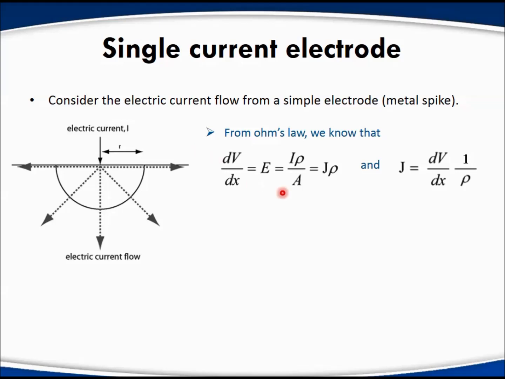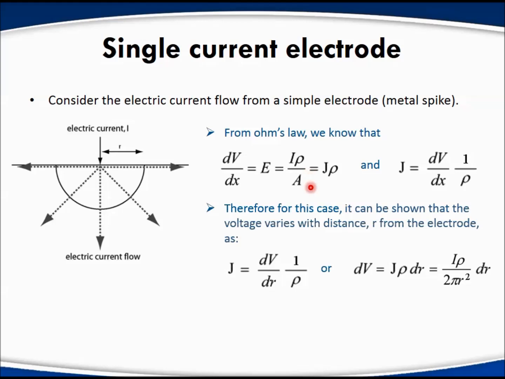Since we know this equation from the previous lecture regarding the relationship of distance and voltage on electrical fields, influenced by the area, resistivity and current of the material, we know that the voltage varies with distance r from the source by including the resistivity of the material in the previous equation.